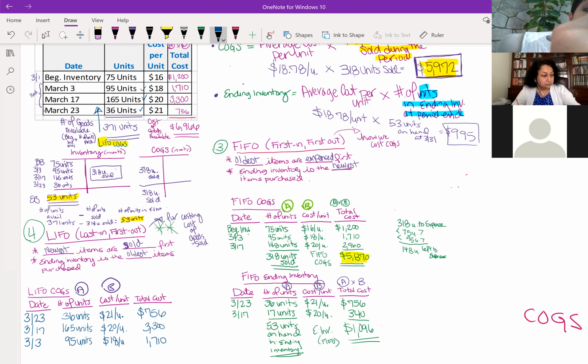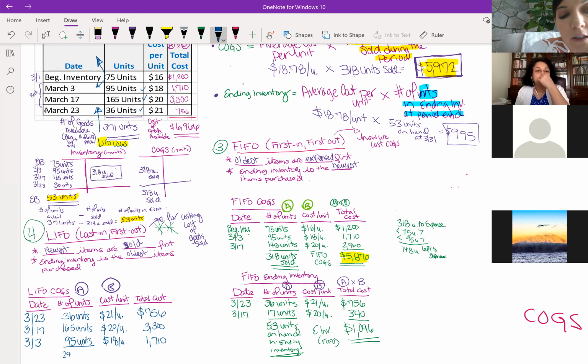Did we sell all 75 units? No. So at this point in time, how many units have we expensed? So what's the sum of this? 296. So we have 318 units that we need to expense minus 296 units, which we have expensed at this point.